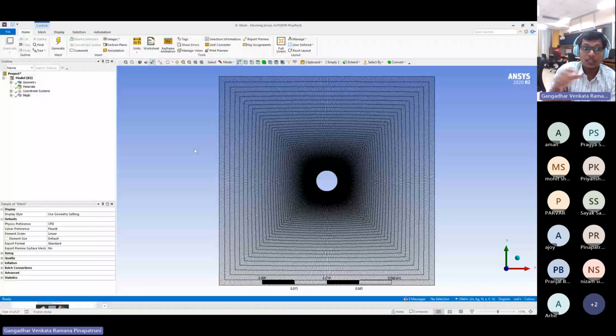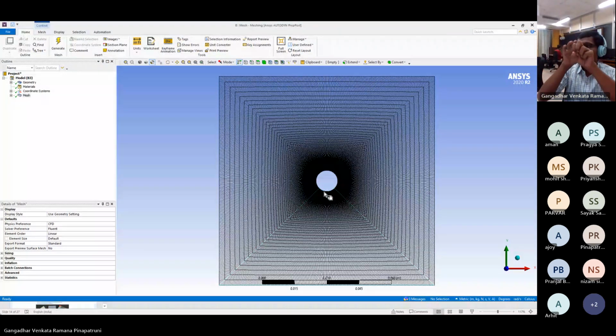That means you will get the geometry, and from that geometry, you can create this kind of mesh. My aim is to simulate the flow over a circle. This is my circle, and I'm simulating how the flow passes over the top and bottom of the circle. So I cannot take only the circle to simulate this flow.